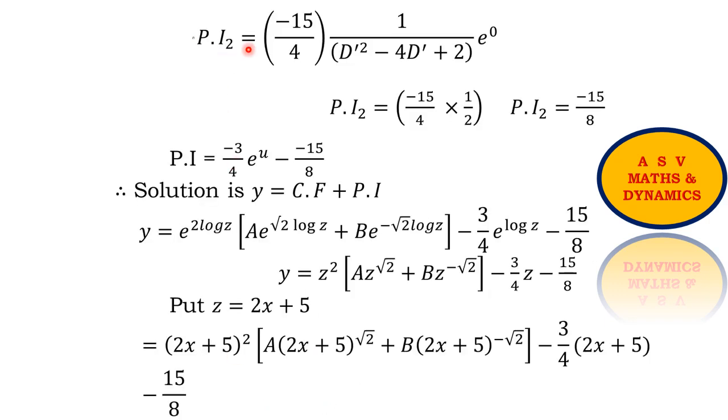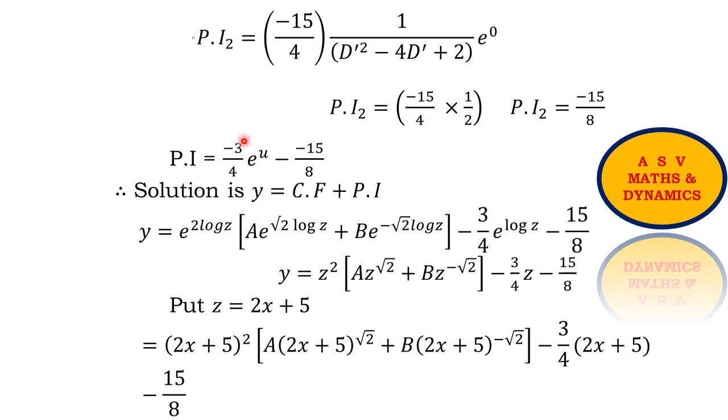For PI2, because it is e power 0, it is the easy one. You have to substitute 0 for all the variables. The remaining is 1 over 2 into 4, which is 1 over 8. That means negative 15 over 8. This is PI2.